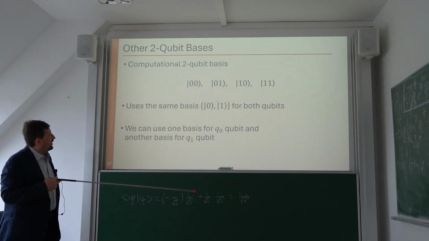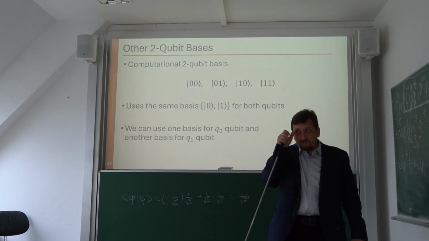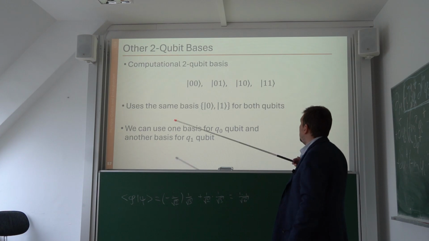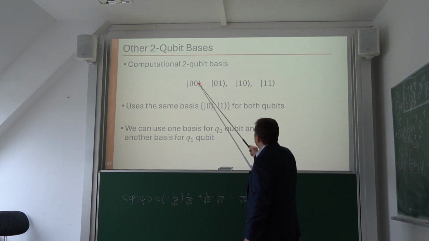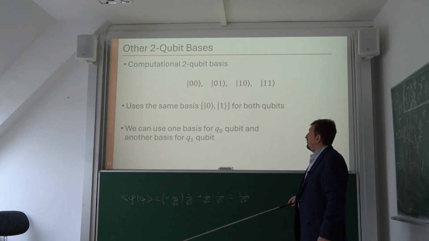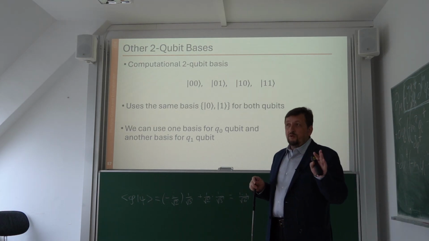Okay, so in this basis, the computational basis, which is the standard basis, we use the same basis for two qubits. We write qubit number 0 in the 0, 1 basis and the same for qubit number 1. We can also use different bases.